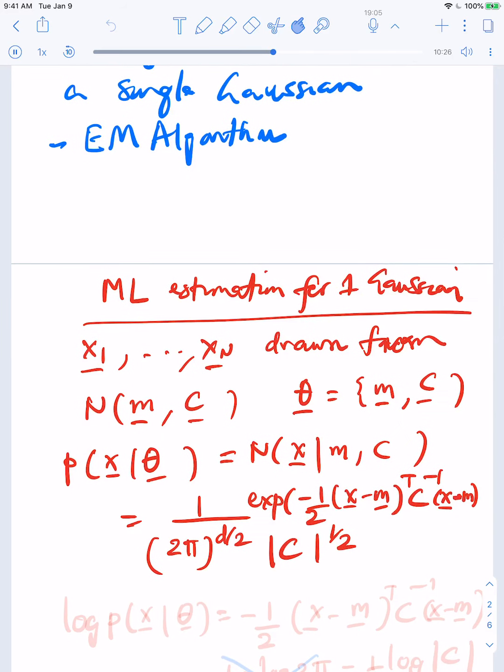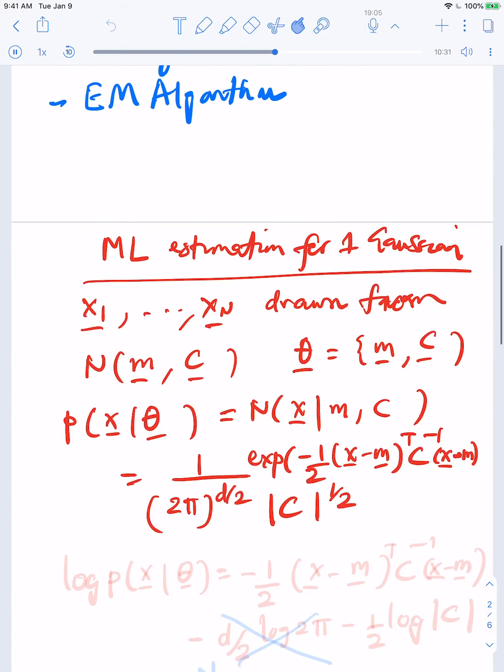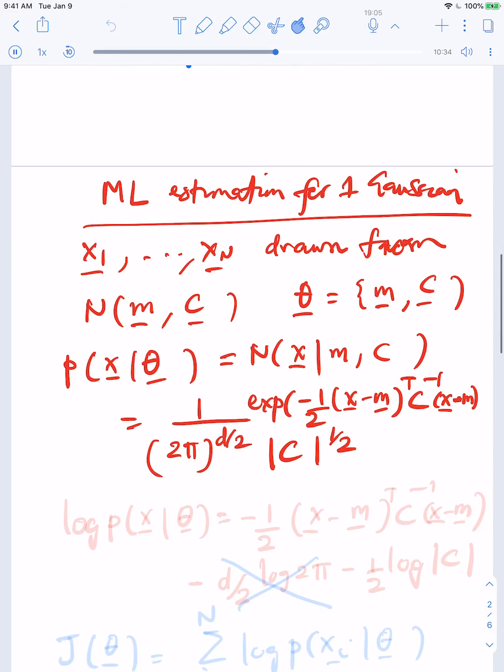And because it's an exponential thing, it's natural for us to try to maximize the log of the likelihood function. So again, let's take the log of the density of a generic data point.